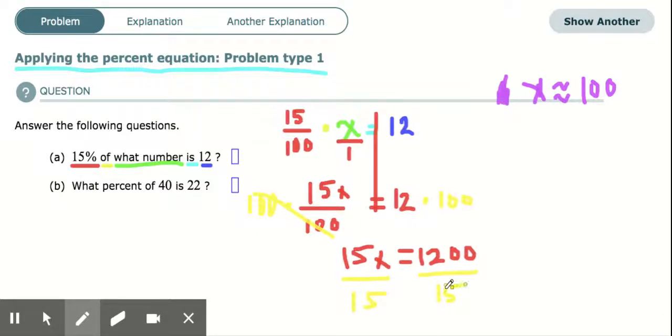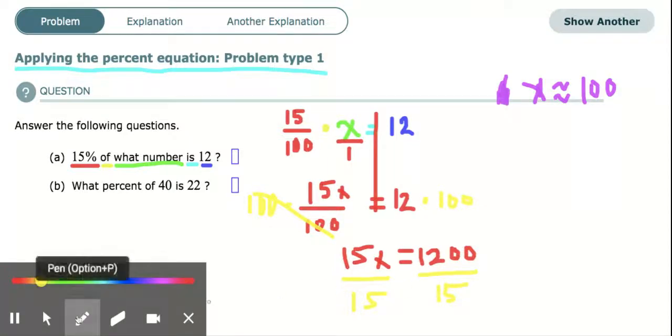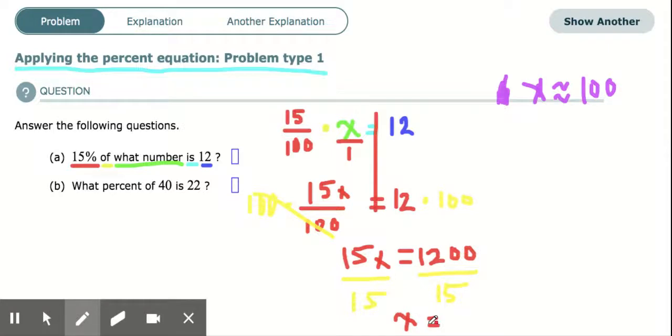And either on your calculator or through long division, you'll see that x equals 80, which is kind of like what we said. It was close to 100, a little less than 100 probably, so it makes sense. So 15% of 80, 80 is that number. 15% of 80 is 12.